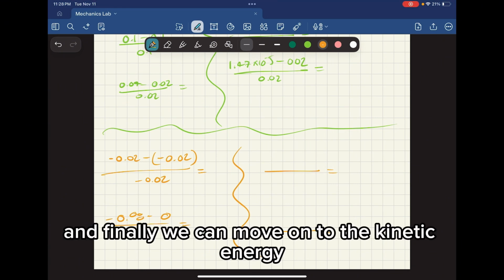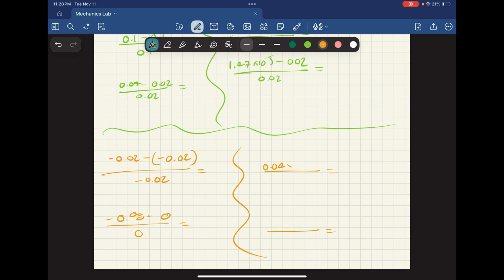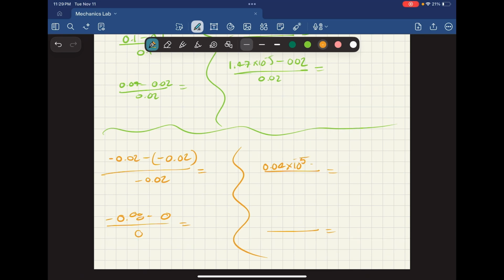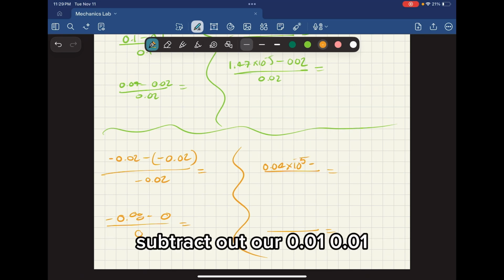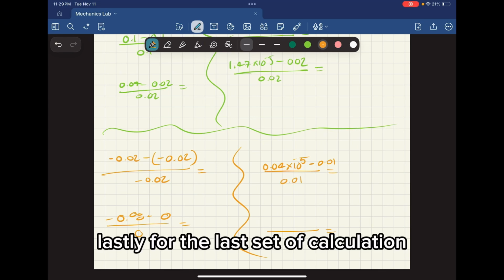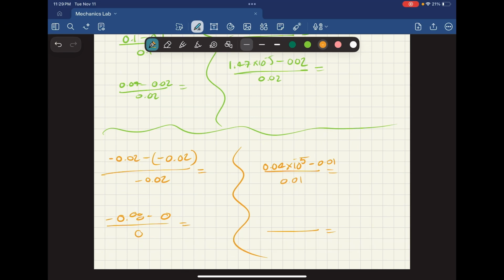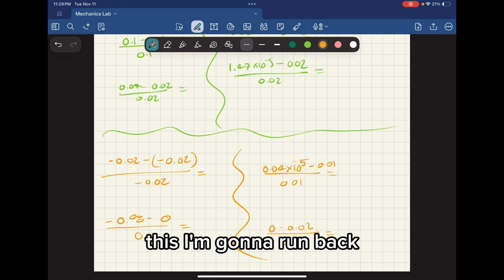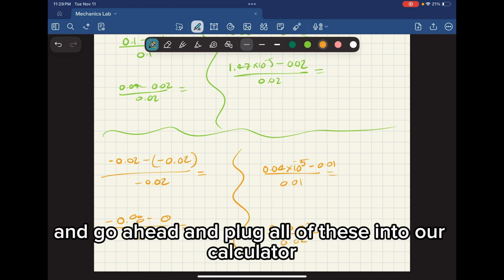And finally, we can move on to the kinetic energy. Subtract out our 0.01, 0.01. Lastly, for the last set of calculations, I'm going to run back and plug all of these into our calculator.